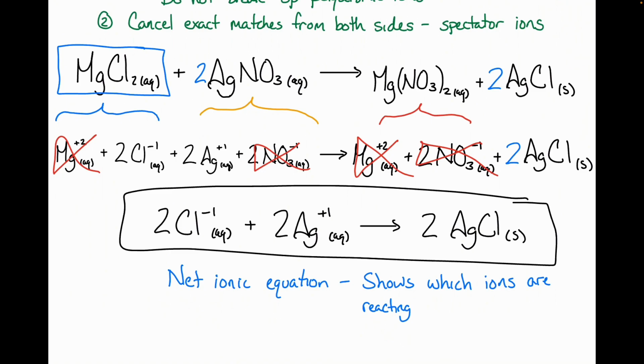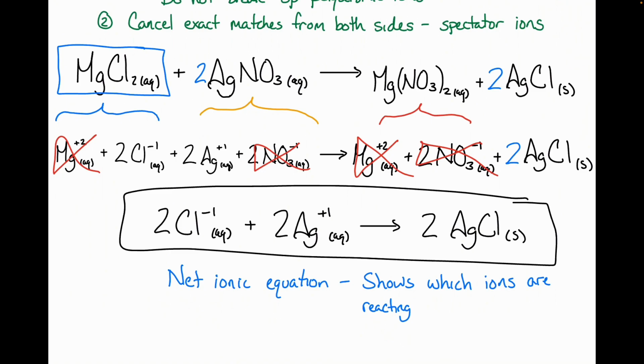They're just watching this chemical reaction go down. They're not actually participating in the chemical reaction at all. In fact, we could have swapped out that magnesium for like a potassium or something like that, and the reaction would have gone on the exact same, right? So your spectator ions aren't actually involved in the chemical reaction. So your net ionic equation kind of simplifies things down to what's actually happening.